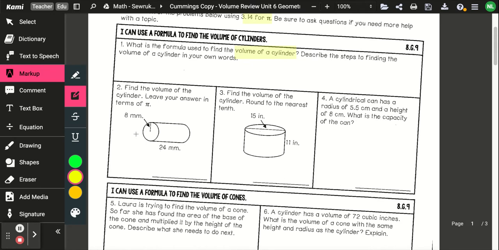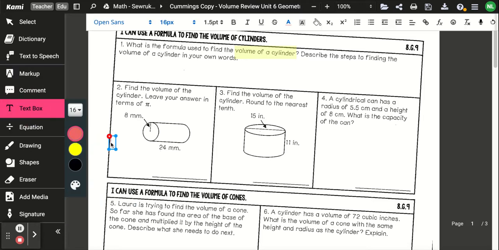Question number 2, find the volume of the cylinder. Leave your answer in terms of pi. So right now, what you should be doing is rewriting the formula. I don't think I have an actual pi button, so I'm just going to write pi.